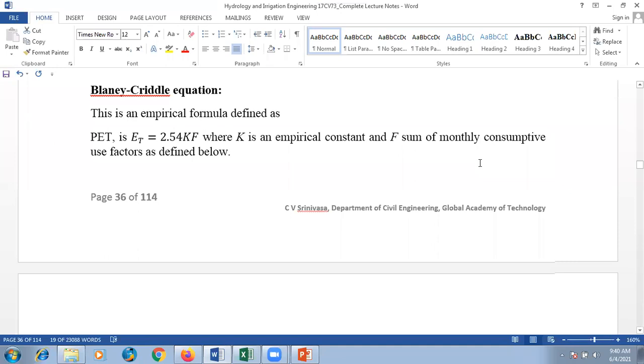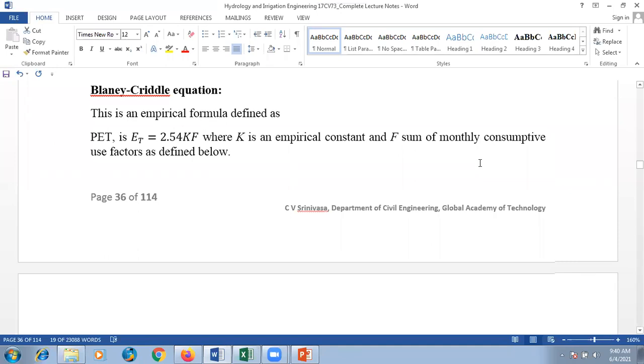Similarly, natural vegetation other than crop also needs soil moisture for their growth. Very dense natural vegetation, you can consider 1.3, something similar to rice. Dense vegetation 1.2, medium vegetation 1.0, light vegetation 0.8.